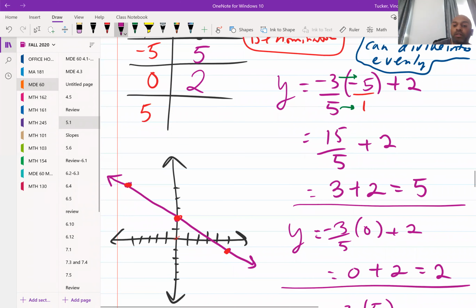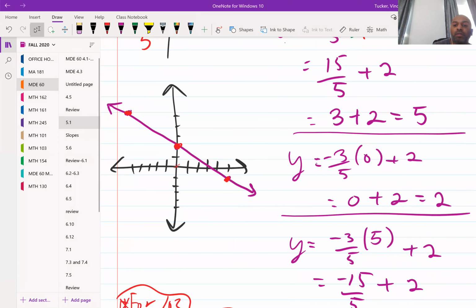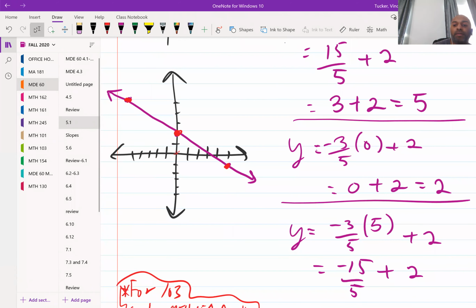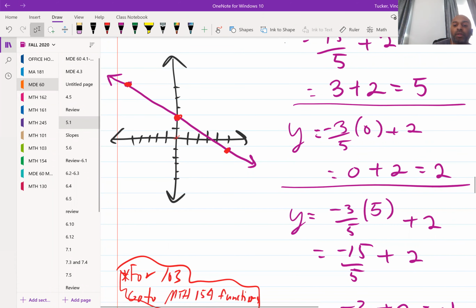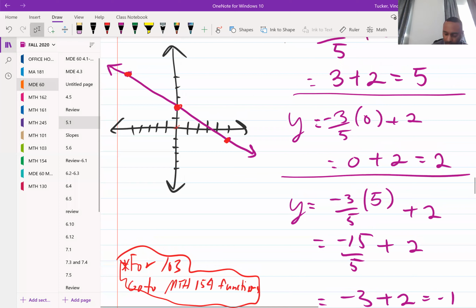And then plug in +5. So that'll be -15 over 5. -3 plus 2 is -1. So when you plug in +5, when x is +5, y is -1.